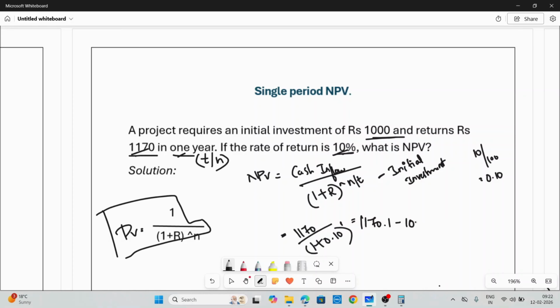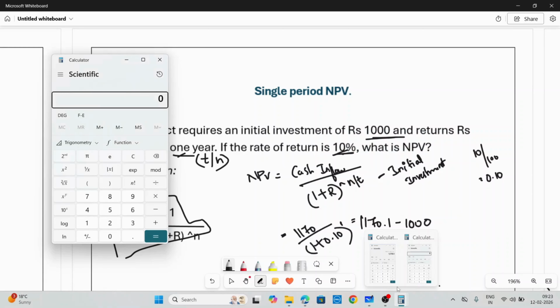1170 divided by (1 plus 0.10) to the power of 1 equals 1170.1 minus 1000, that is the initial investment.